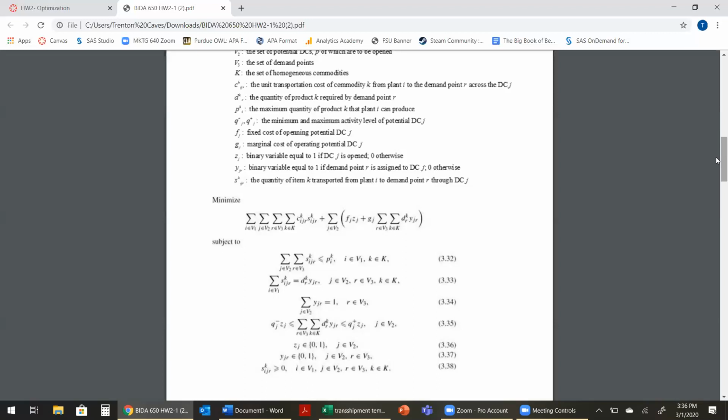Our 5 constraints: the first constraint is our production capacity constraint, that we have to ship everything that we produce. The second constraint is that we have to ship what we need.